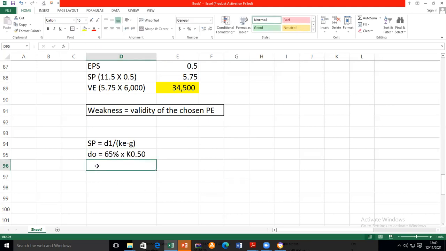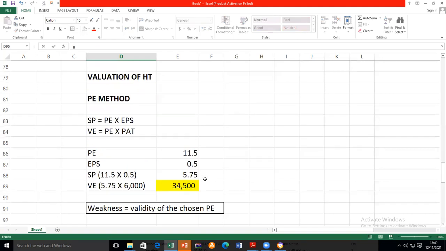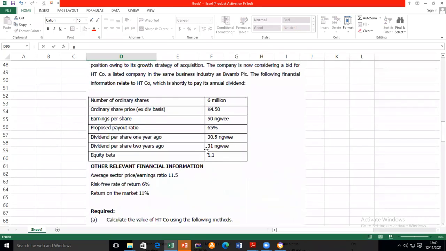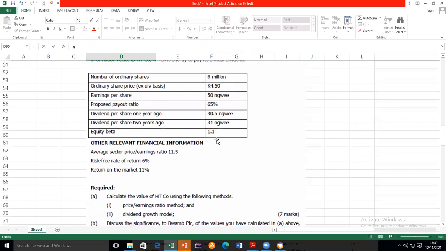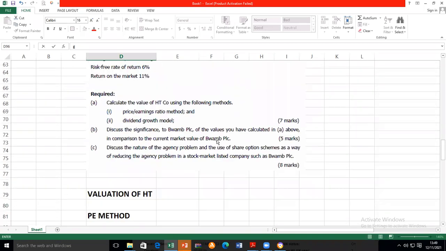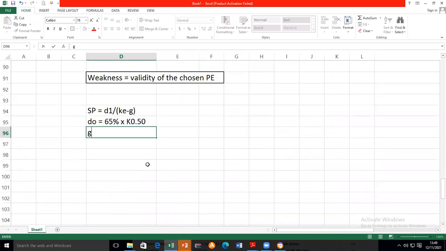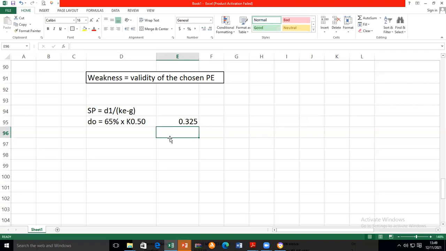what over D1? We do the G first. What's the G? What's the growth in the dividend? 1 year ago, 2 years ago. So let's take 2 years ago. I know how to do that, isn't it? You know how to do that, eh?